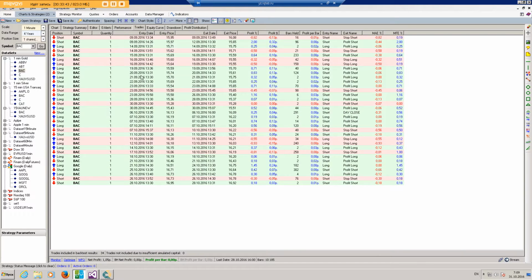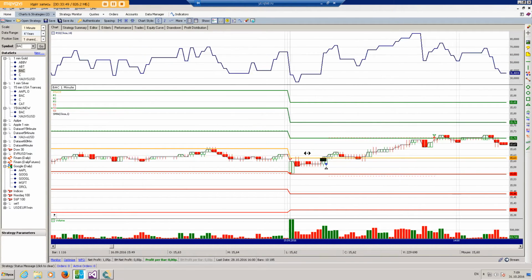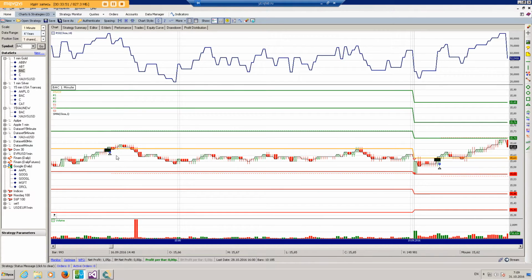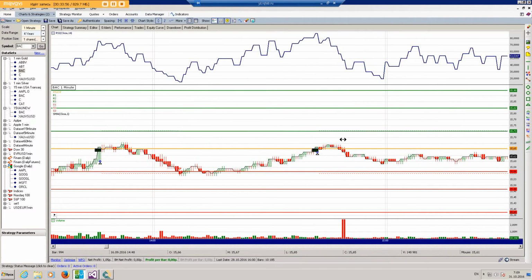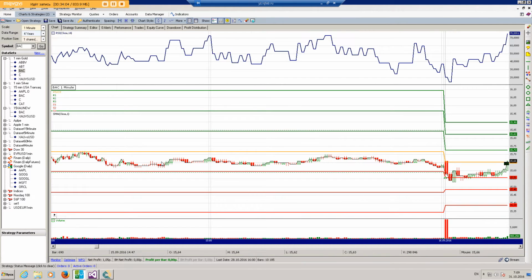Well, 34 trades is not too much to talk about, but this is a 1 minute chart, by the way, right? You can find symbols at which it works, right? And I would suggest adding a filter, to filter out some entries, because it might be a good idea.